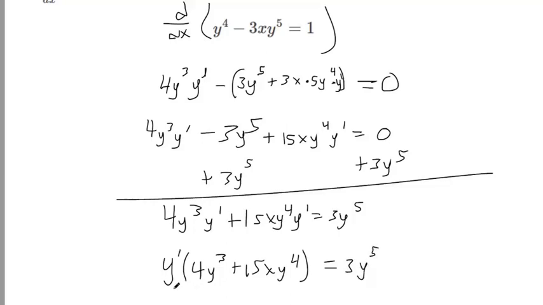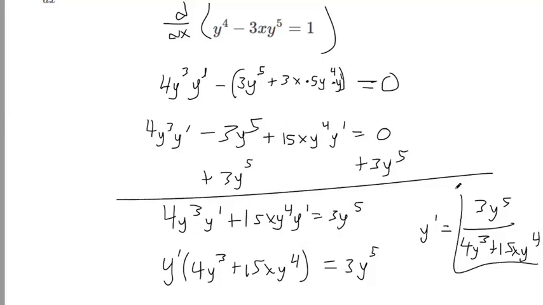And then the last step would be to divide this from both sides. So you're going to get y prime equals 3y to the fifth over 4y to the third plus 15x y to the fourth. There's our derivative with respect to x.